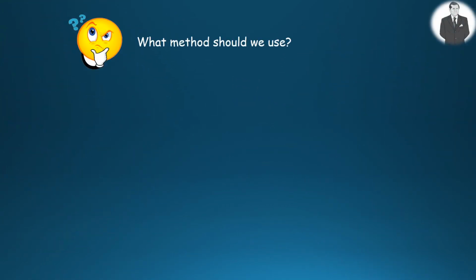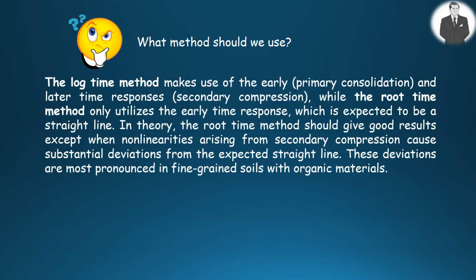What method should we use then? The log time method utilizes the early and later time responses, while the root time method takes advantage of the early time response, which is expected to be a straight line.